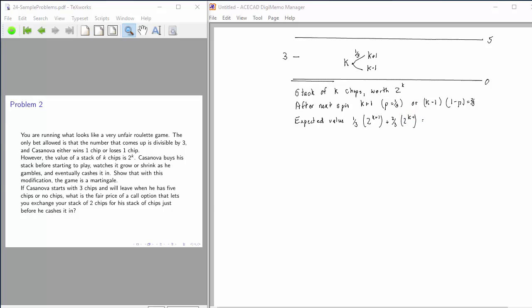You've seen this computation before. I factor out a 2 to the K. I get 2 to the K times 2/3 plus 2/3 times 1/2, or 2 to the K, and we've shown that we've got a martingale.